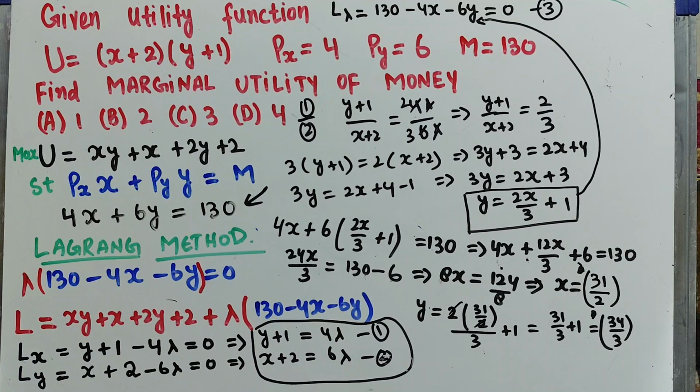Now we need to find out the value of lambda. That will be our marginal utility of money. Okay, so the value of the lambda gives us the marginal utility of money. So to find out the value of lambda, plug the value of x and y.